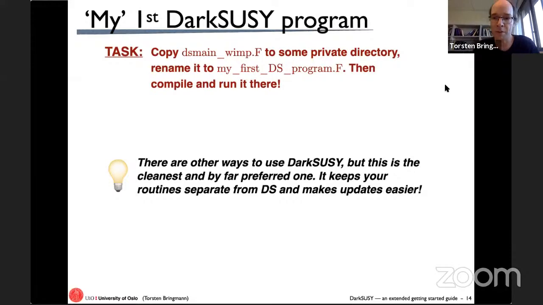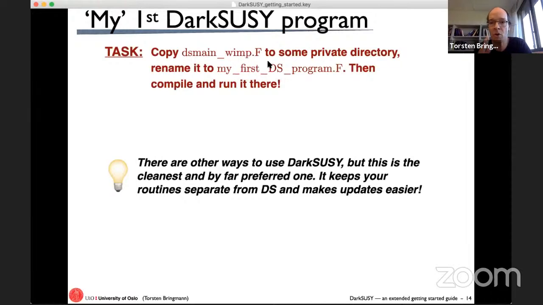This is a task that I actually want you to do now. Basically, in your DarkSUSY installation, take this ds-main wimp file, copy it somewhere to your private directory, rename it, and then compile and run it.